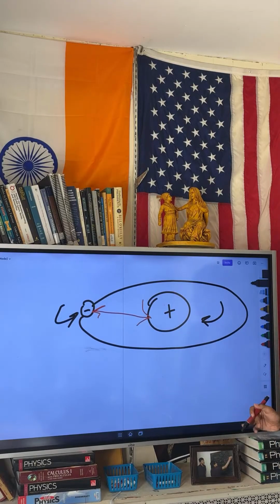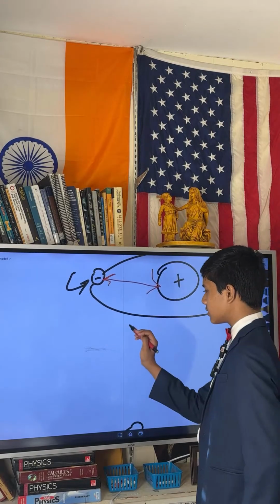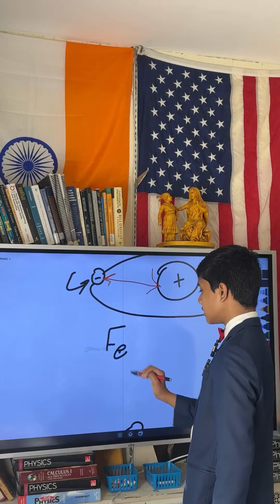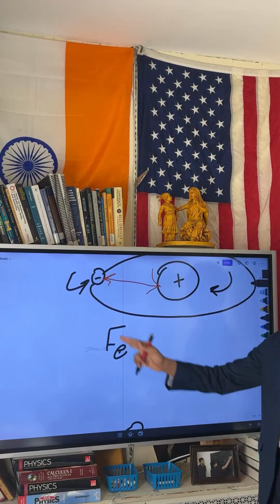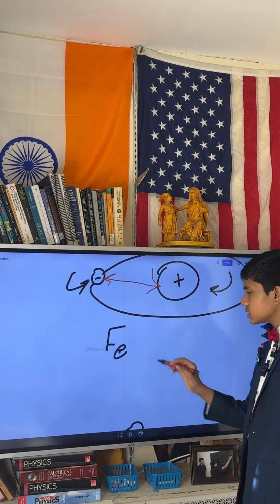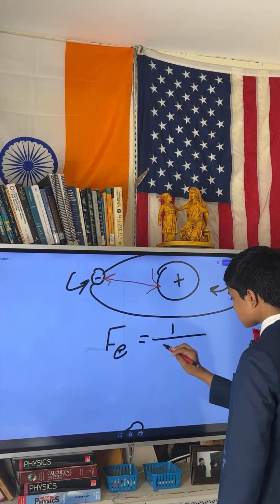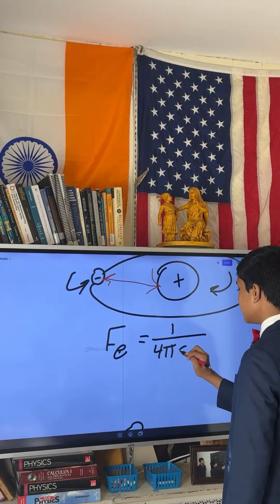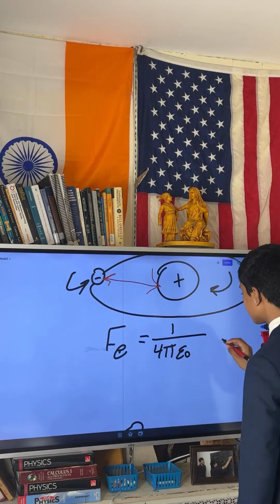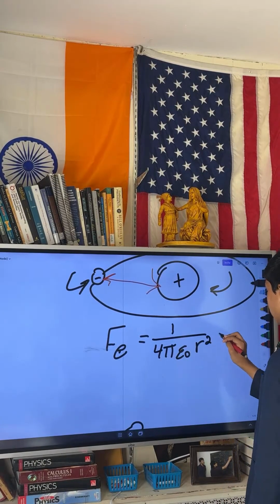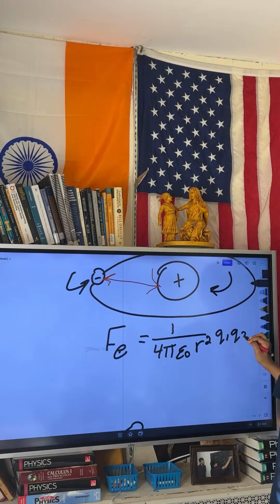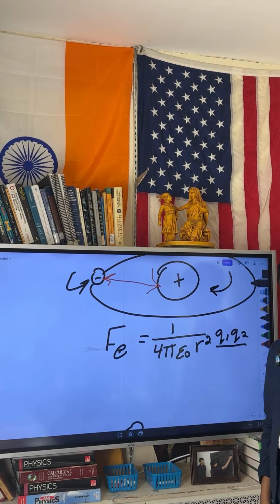By Coulomb's law, we know that the electric force between two charged particles is always equal to 1 over 4 pi epsilon naught r squared times the product of the two charges.